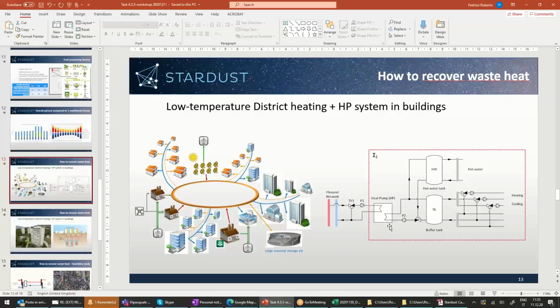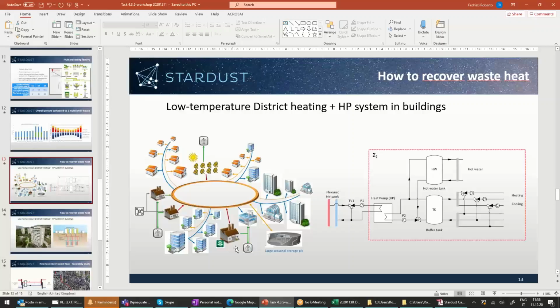There are cases in which you have a heat pump on the waste heat production side, not the factory side, and it raises the temperature from 20, 30 degrees to the temperature of the district heating itself.